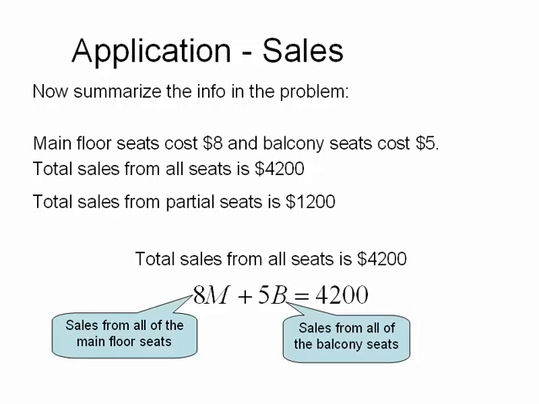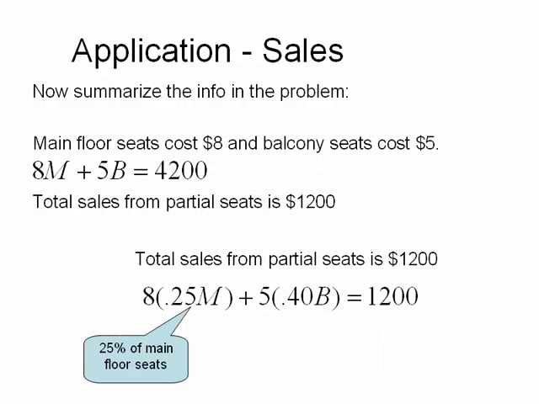Let's take a look at the partial seats. The total sales from the partial seats is $1,200, so that gives me the equals $1,200. Now, we know that we have M seats, but only 25% of them were sold. So that's a number of seats times $8 per seat. That'll tell me the sales from 25% of the main floor seats.